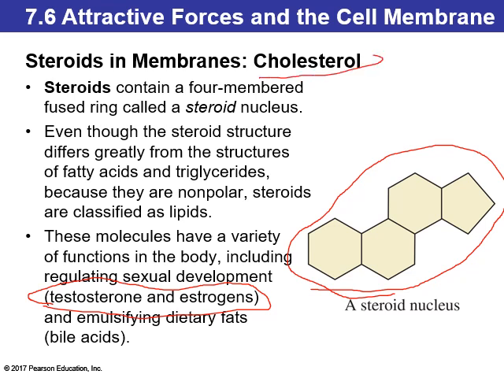And additionally, cholesterol shares a similar structure. So these are ring-like structures. They can have many different functions in the body, including emulsifying dietary fats, or again, they can be involved in hormone regulation and signaling.